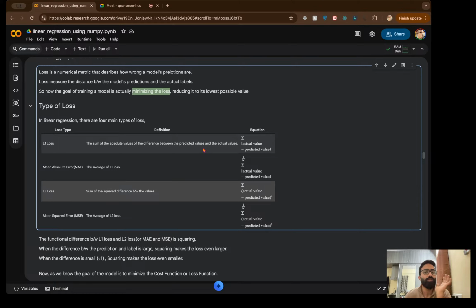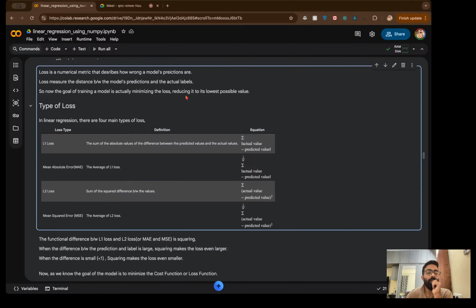And what will be the lowest possible loss? 0. Optimistically I'm saying, realistically it's not possible, but let's say I want to bring it down to a 1%, 2% loss.